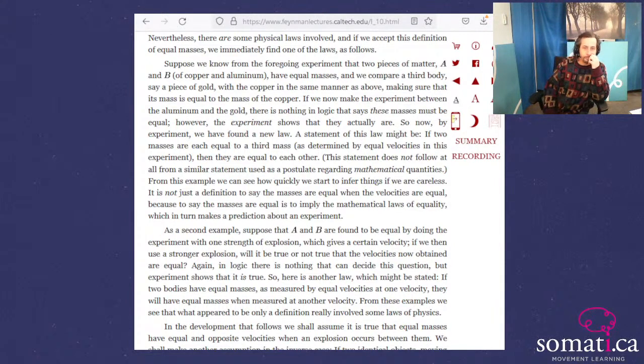If two masses are each equal to a third mass, then they're equal to each other. The statement does not follow at all from a similar statement used as a postulate regarding mathematical quantity.